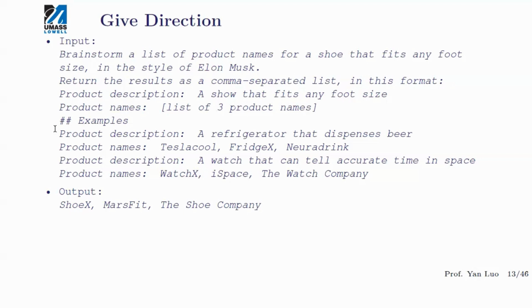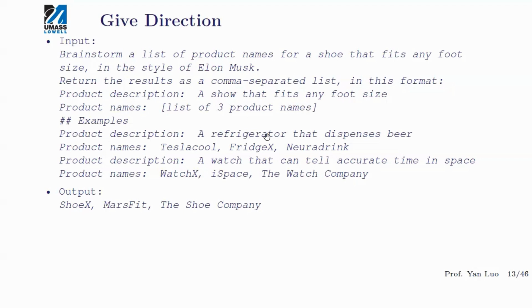So what I have here as the prompt is that I say very specifically, return the result as a comma separated list in this format. The product description, a shoe, sorry, the typo here, that fits any foot size. The product names will have three candidate names. And I gave some examples.